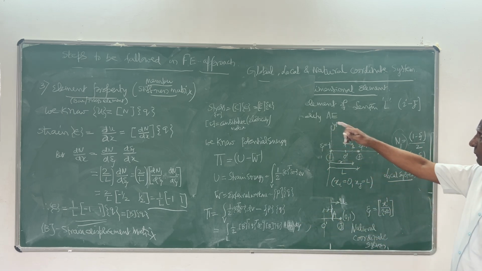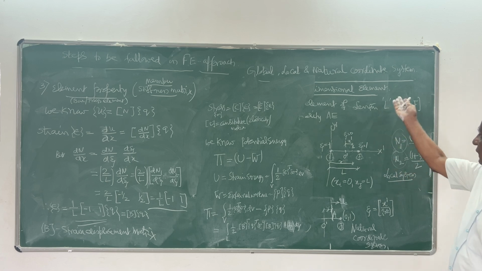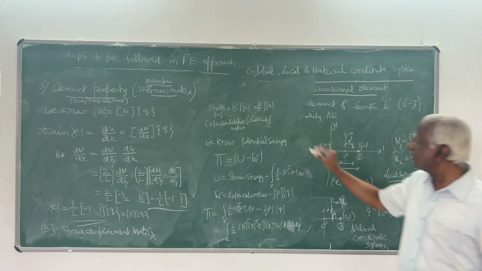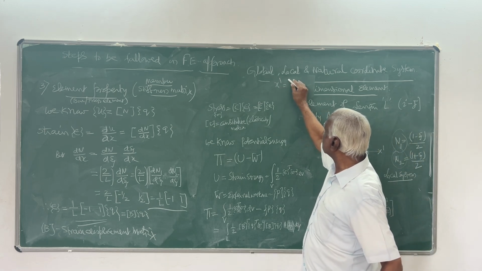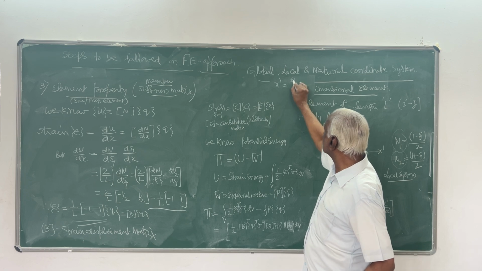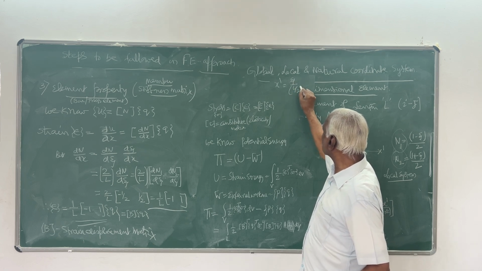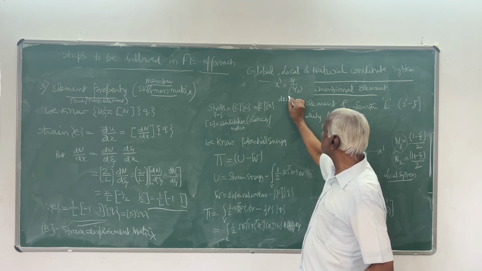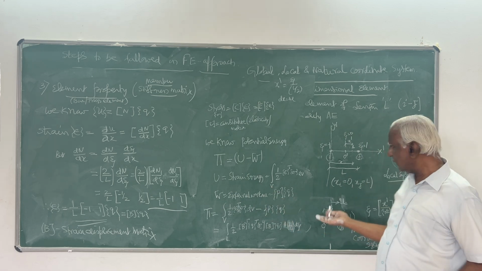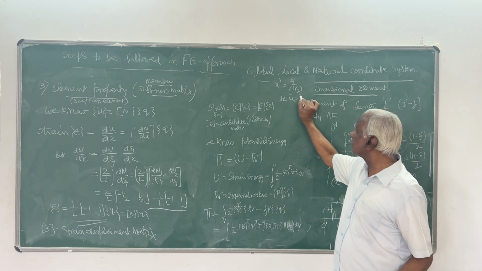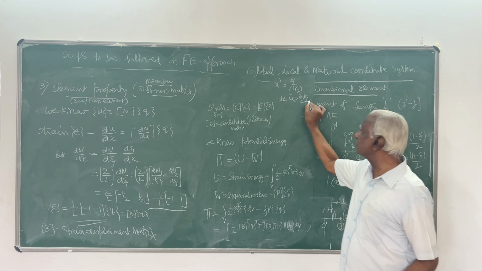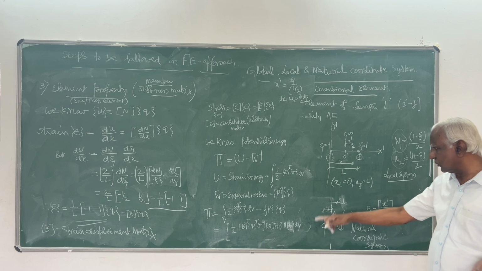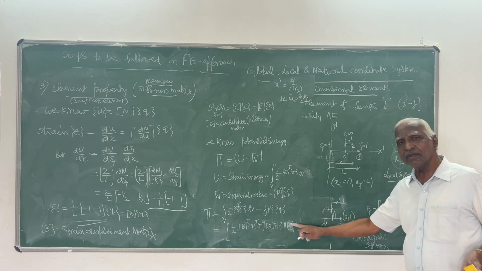I told you that important relationship: always the ratio, 2 by L into d psi. This x dash, I told you, is nothing but psi times L by 2. Therefore dx or dl, both along the length direction only, is 2 by L d psi. That relationship you have to remember, so we have to take 2 by L.